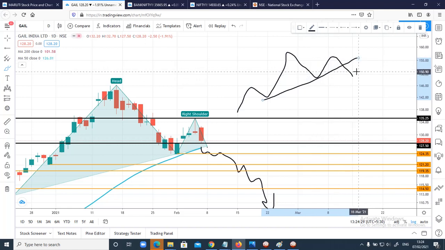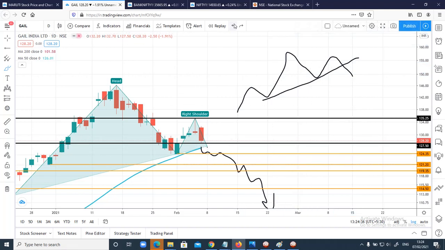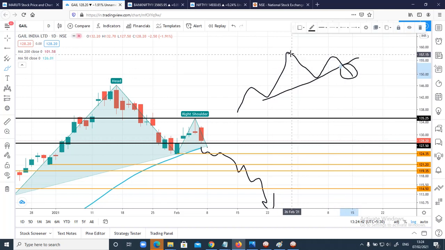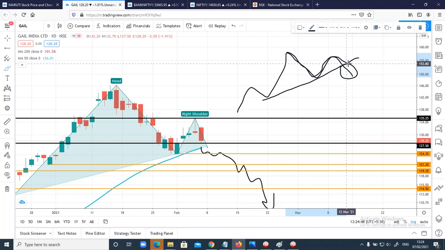Now in case this breakdown doesn't come, okay, let me draw it again. In case this breakdown doesn't come here, then remember this pattern can turn out to be a double bottom as well.